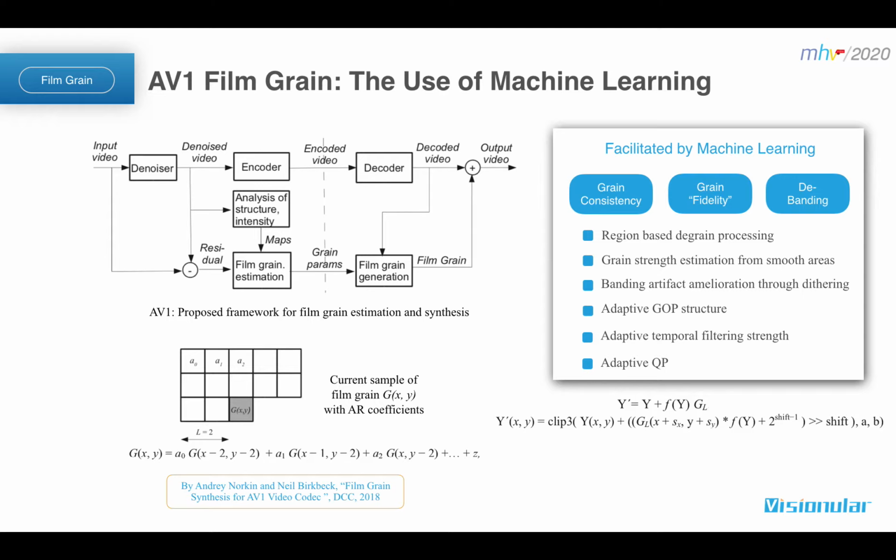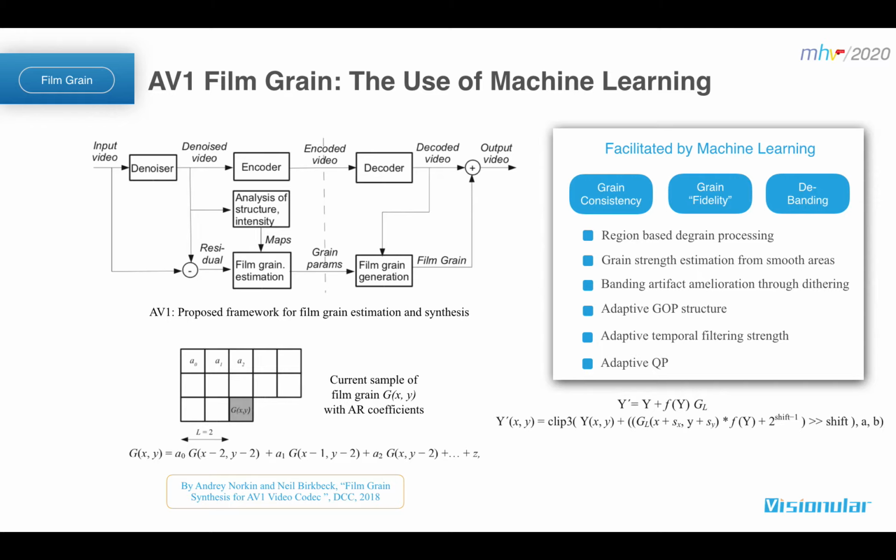At the same time, different blocks inside the video frame can have different characteristics as a result of encoding. Across the temporal layers, there's also some inconsistency because different frames are encoded in different ways. So sometimes, besides banding artifacts, we may also observe inconsistency of the synthesized grain patterns in the temporal domain, or even inside the same frame, across different areas.